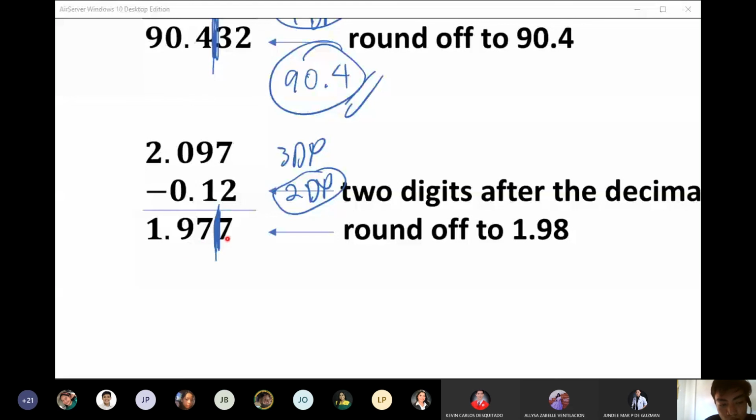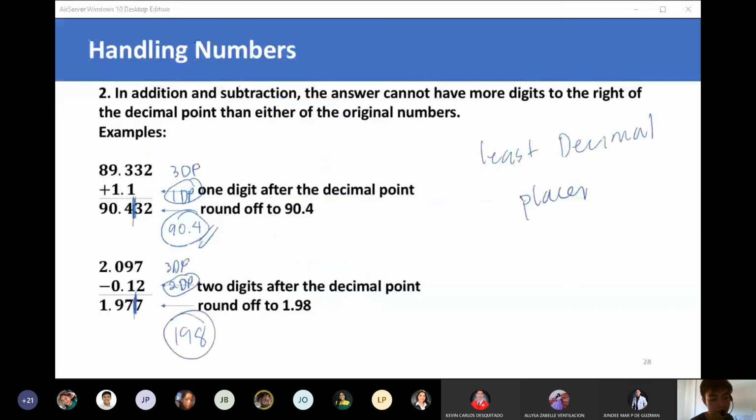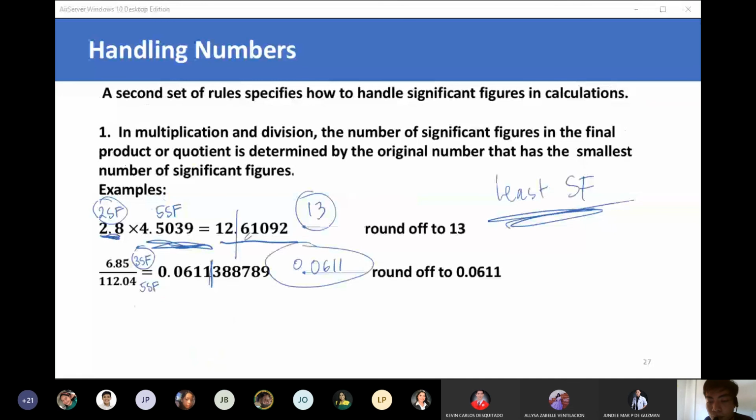Looking at the number on the right side, that is 7. And we round it up, right? Round up at 5 and above. So we will end up with the answer 1.98. So that's the rule for addition and subtraction. You follow the least decimal place. For multiplication and division, you follow the least significant figures.